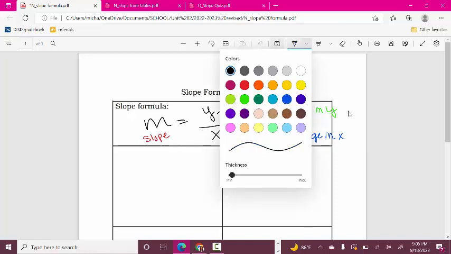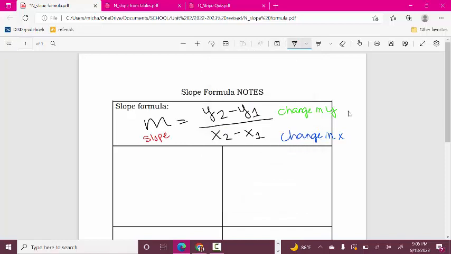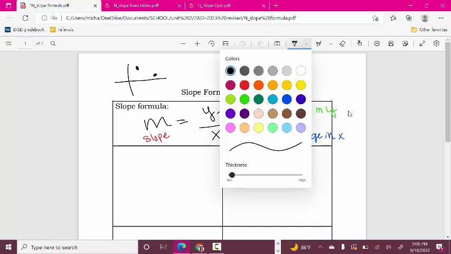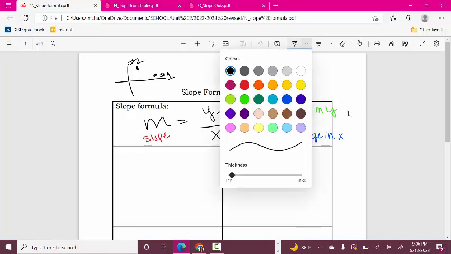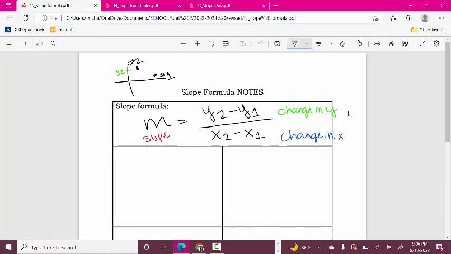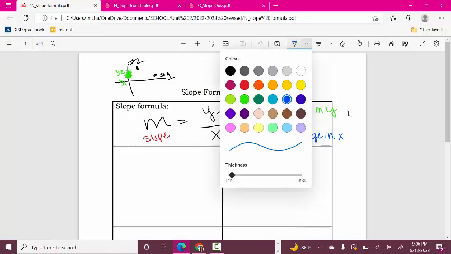So just so we can have a little visual of this, if I've got these 2 points here and here, I'll call this the second point, and I'll call this the first point. So y2 minus y1 is this number, that's y2, and then here's y1. So y2 minus y1 is just this difference right here. And the same thing for x2 minus x1.